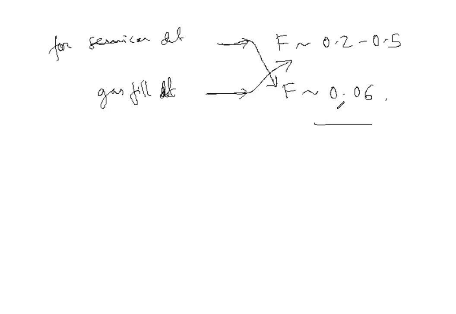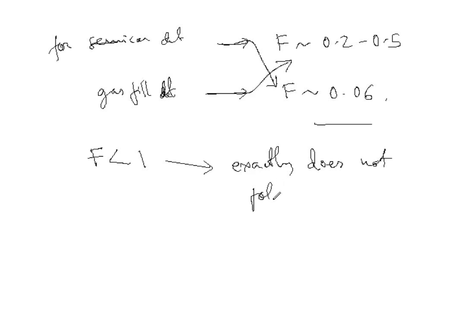Now a value of F less than 1, as I was saying, means that the generation of the charge carriers does not exactly follow Poisson statistics.